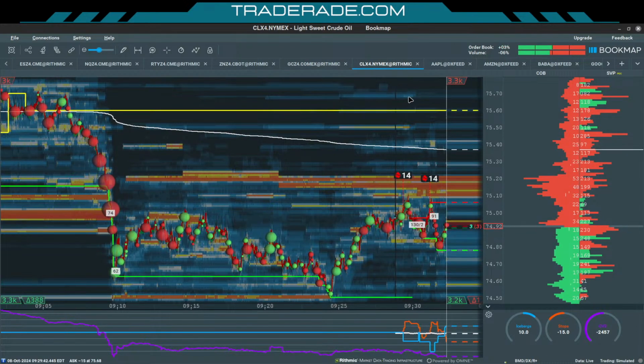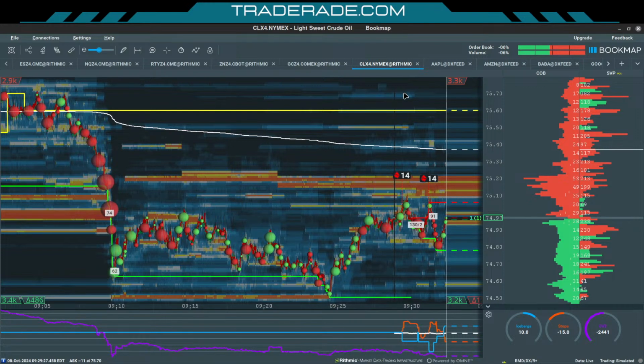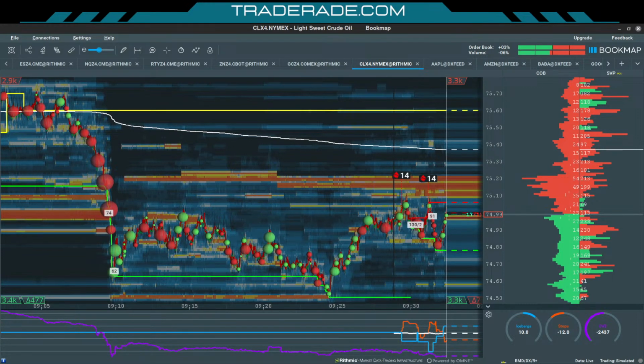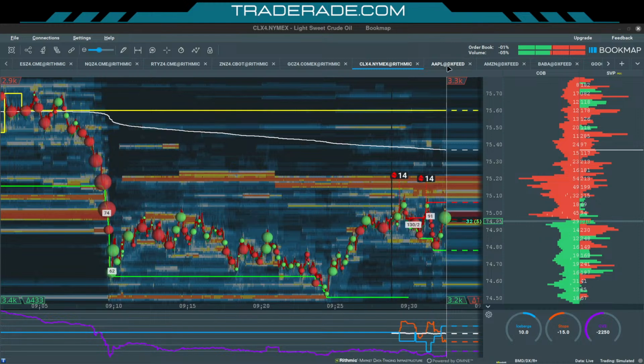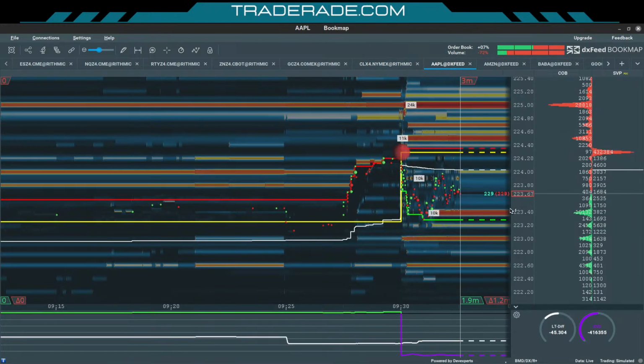And crude, even though Milton is a Category 5 hurricane that is already shutting down production in the Gulf, we do have crude down over 2% this morning, down actually over 3% this morning, and trying to come off those lows here. Apple getting a bit of a sell on the open.